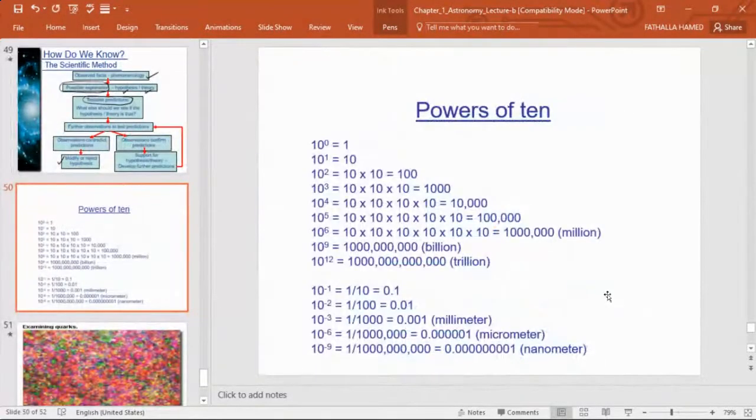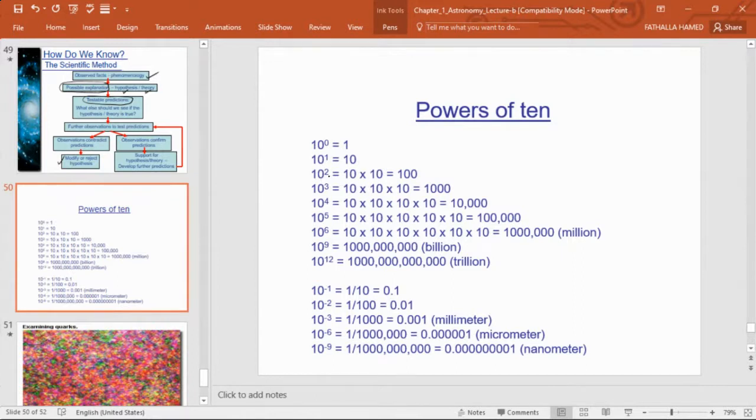Now, the second thing that I want to do with you here is we're going to deal with something we call the powers of 10, even though I did it. In math, if you raise anything to the power 0, you get 1. If we say 10 raised to the power 1, that means it is 10.